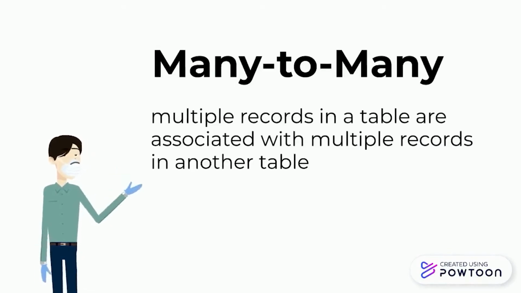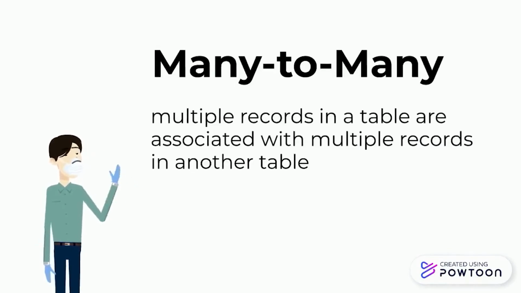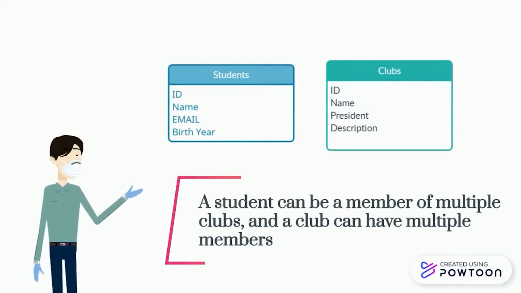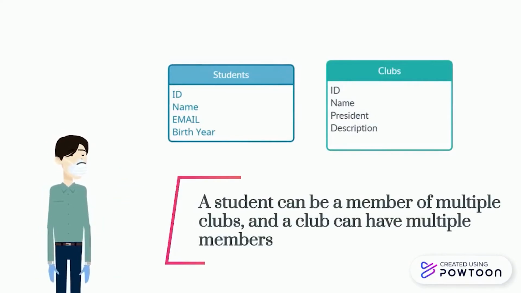Many-to-many. Multiple records in a table are associated with multiple records in another table. Let's take a look at this example of table for students and clubs. A student can be a member of multiple clubs, and a club can have multiple members.